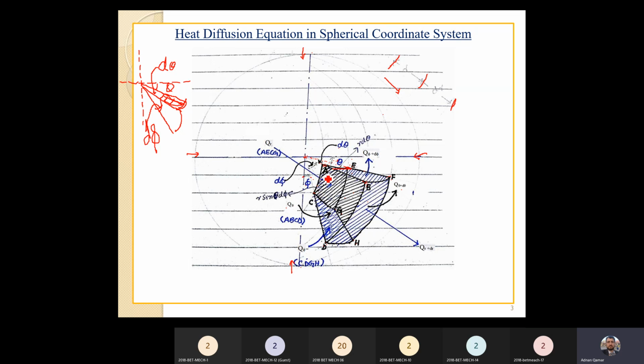Now this is not simple. It is represented in form of angle theta and angle phi. This A to C is equal to R sine theta. This is theta multiplied by this thickness or angle d phi.